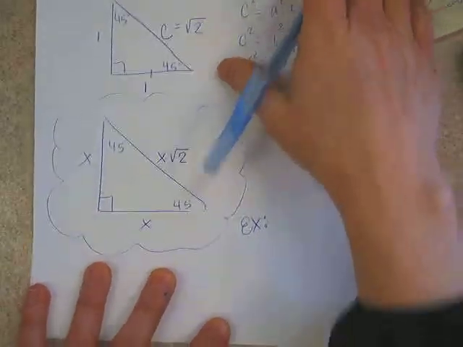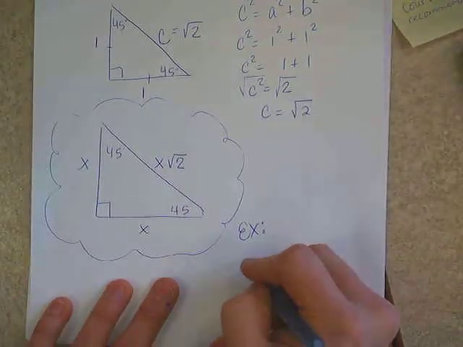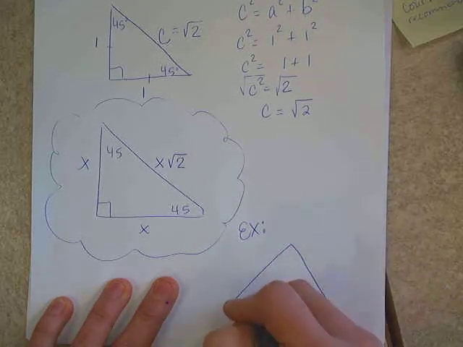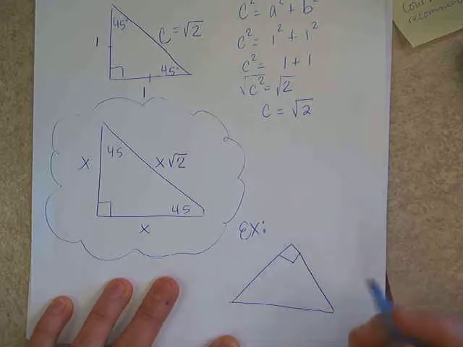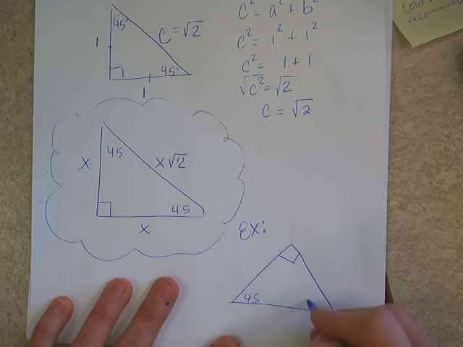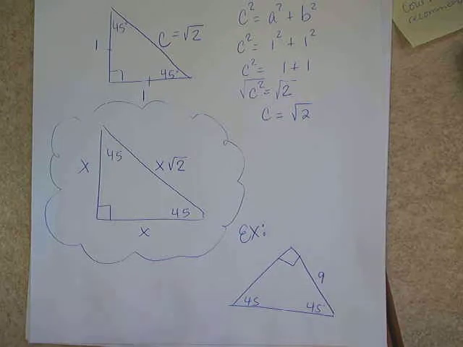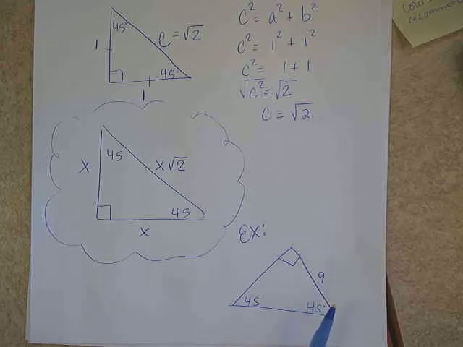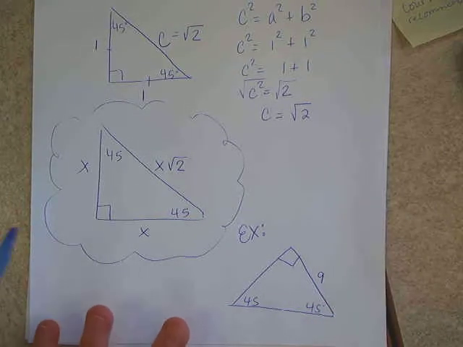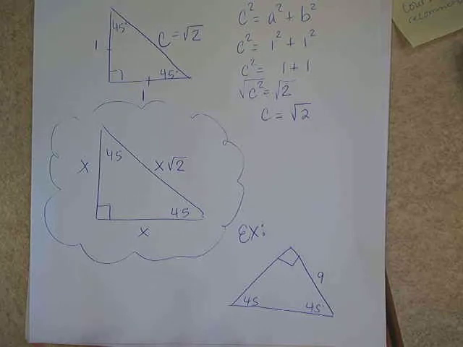So one of the first examples that we're going to look at is if we know that a leg is 9. Usually what I recommend is to pick a variable.